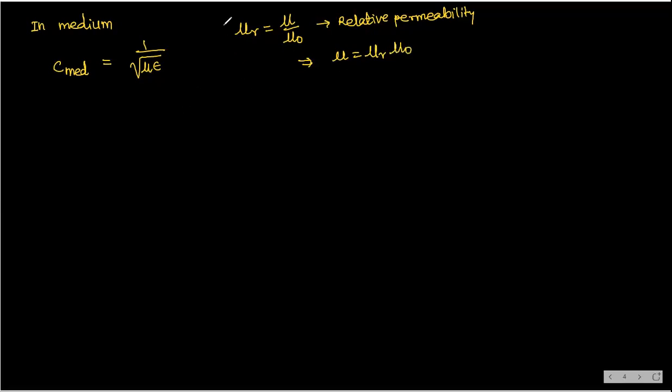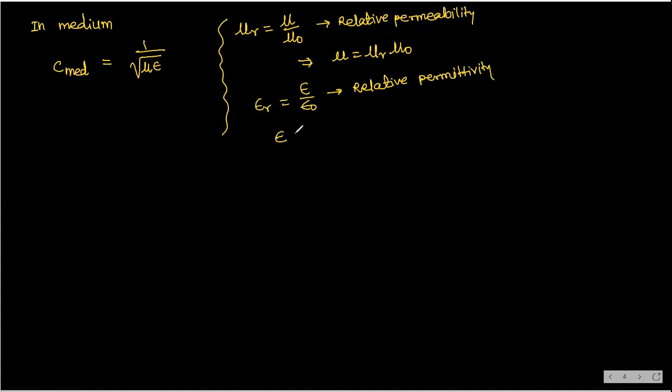Similarly, epsilon r is equal to epsilon by epsilon naught, and this is relative permittivity. And this permeability and permittivity you already know.